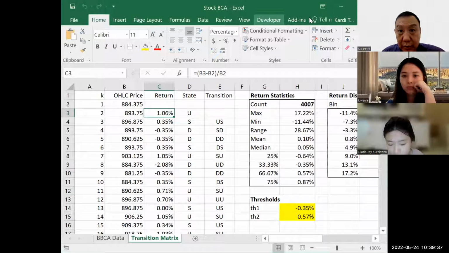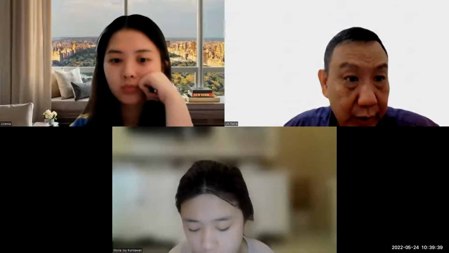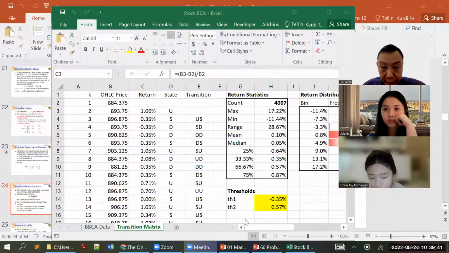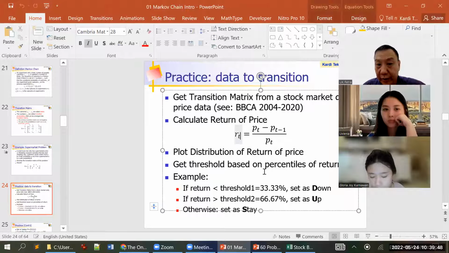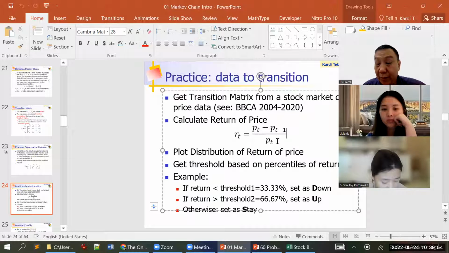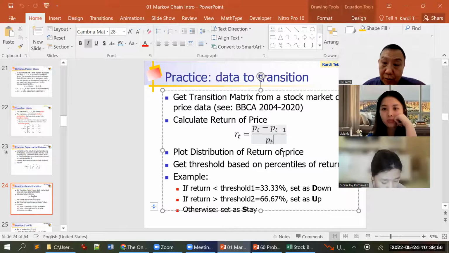Share screen. So can you see? The return of today equals the price today minus the price yesterday, divided by, oh sorry, this is supposed to be minus 1.